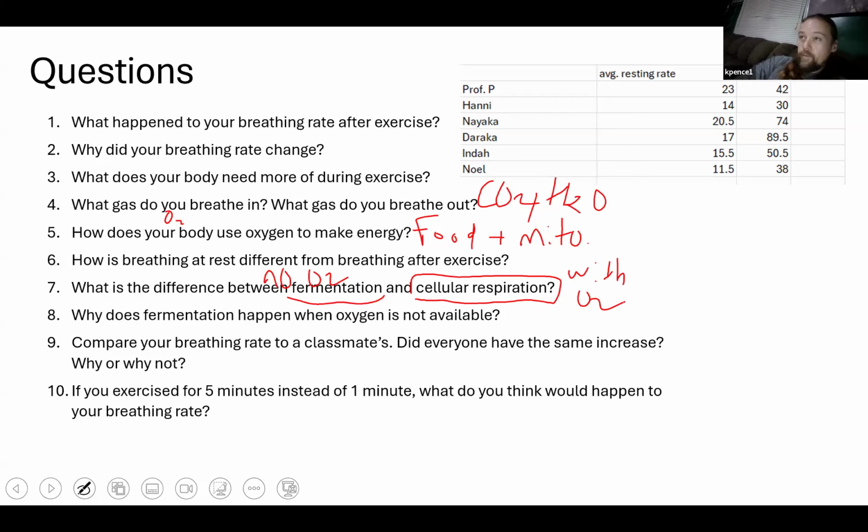This is why if you're doing very rigorous or very fast exercising, you can swap over and do fermentation a little bit, because you're not getting oxygen in your body fast enough for you to get energy. So you have the ability to swap between the two if you don't have any oxygen, because it's a fail safe, basically.